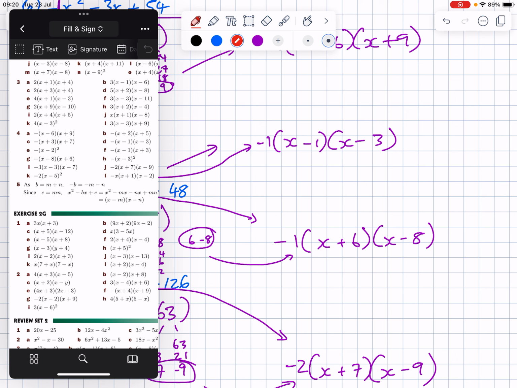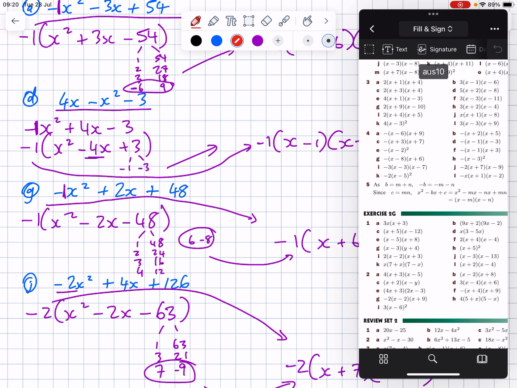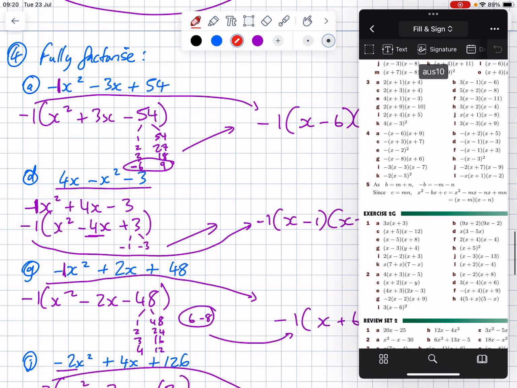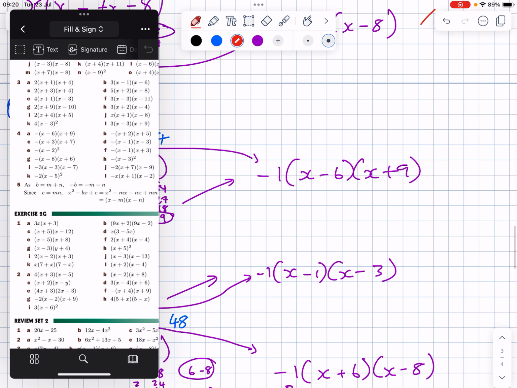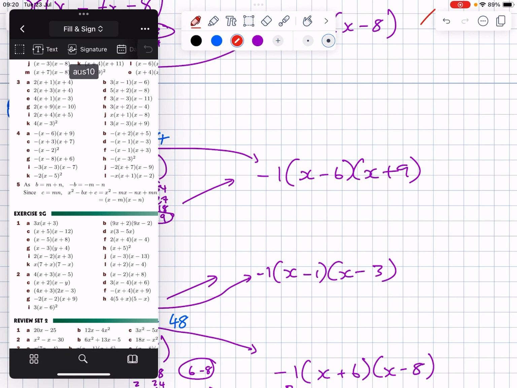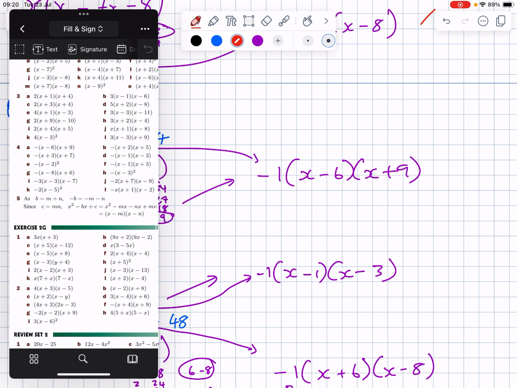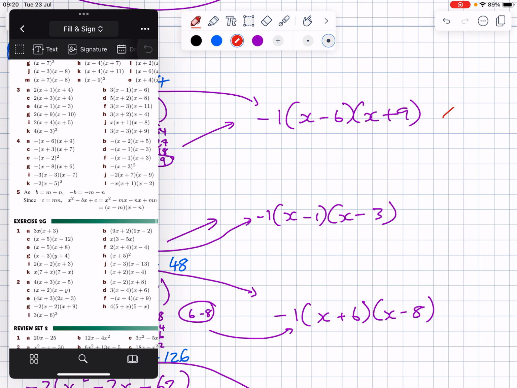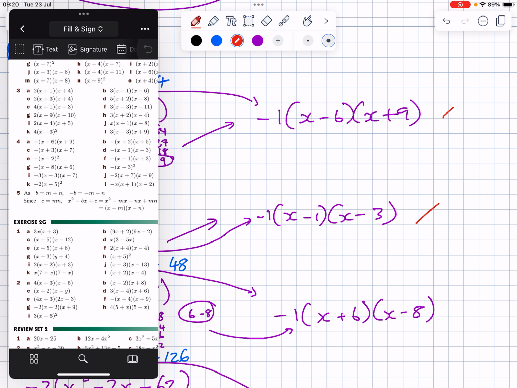A, negative. It looks like I stuck this up. Oh no, looking at the wrong one. A, negative x take 6, x plus 9. You'll notice in the answers here, there's just a negative sign. But that negative sign has a 1 there, which is what I've written. So that's exactly the same. AD, negative 1, x take 1, x take 3, correct.